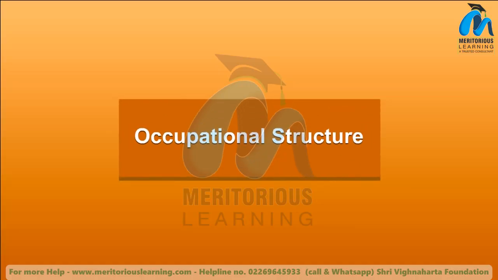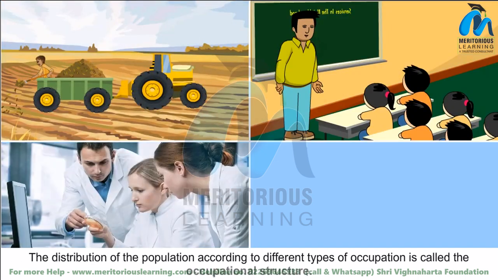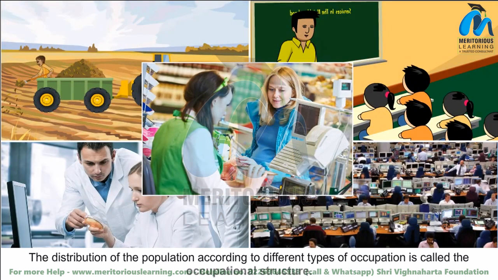Occupational structure. The distribution of the population according to different types of occupation is called the occupational structure.